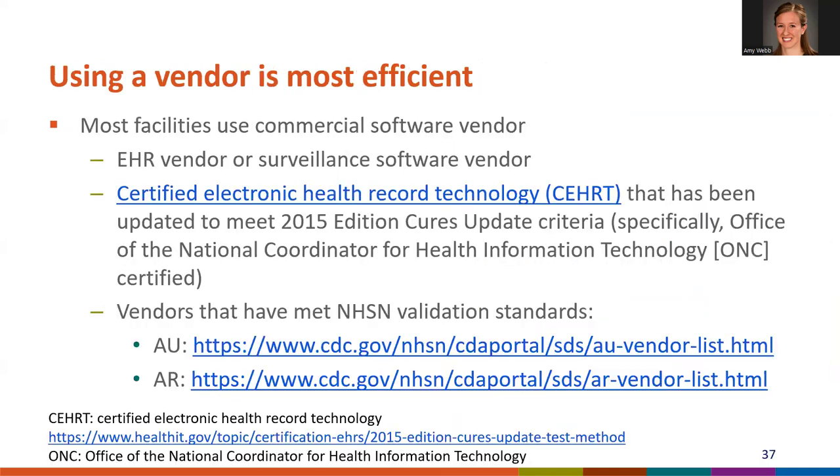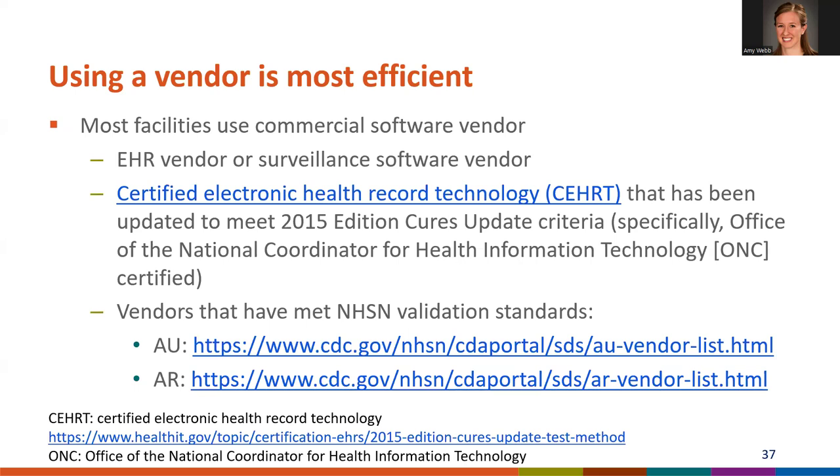So we recommend using a software vendor. The vast majority of facilities use a commercial software vendor. That can be either your EHR vendor or a surveillance software vendor. But as required in the PI program, you have to use Certified Electronic Health Record Technology, or CEHRT, that has been updated to meet the 2015 edition Cures update as outlined in the ONC standards.